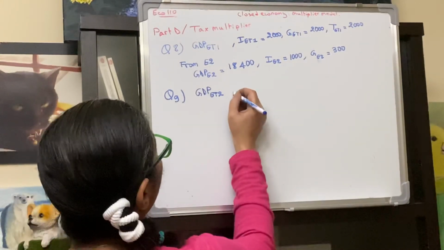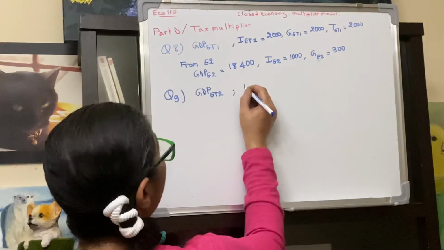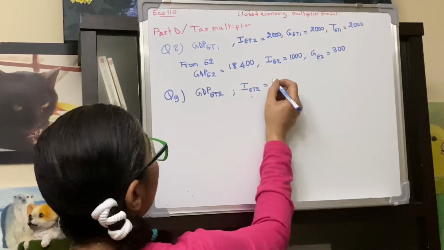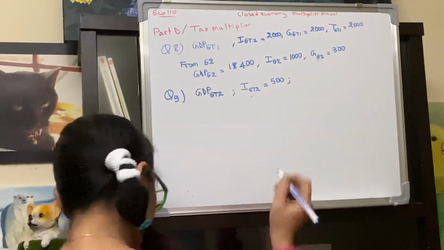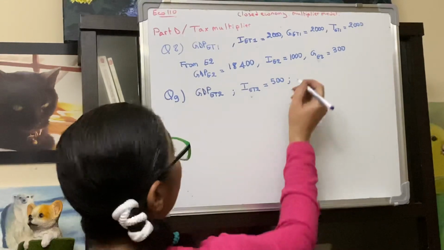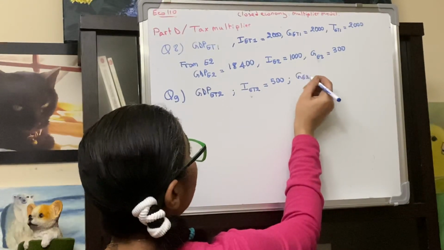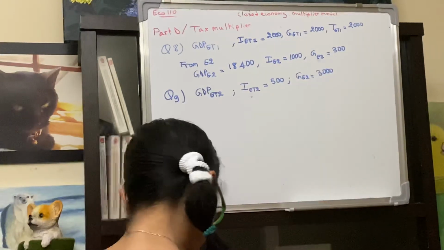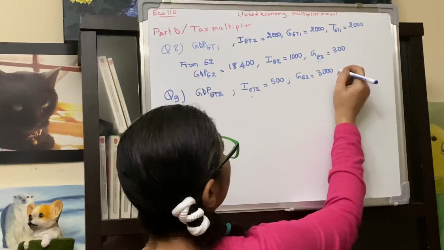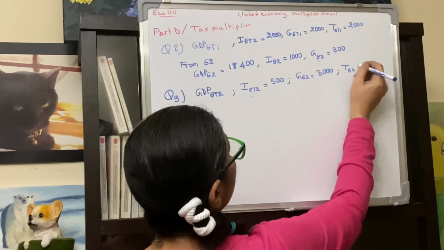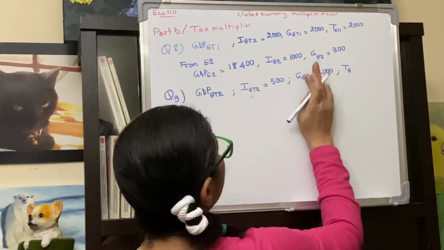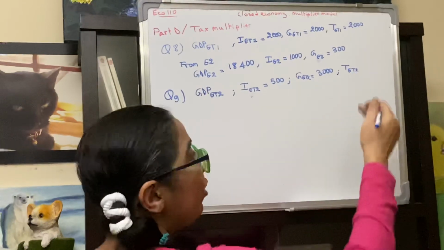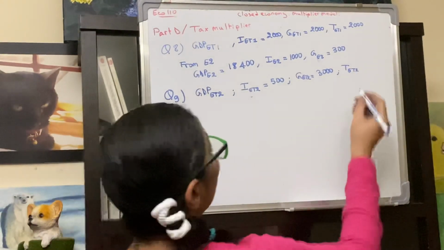At ET2, I have I at ET2 equal to 500, G at ET2 equal to 3,000, and tax at ET2, the equilibrium with tax, the second one, is equal to 1,000.